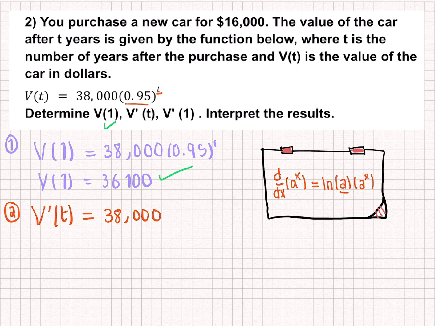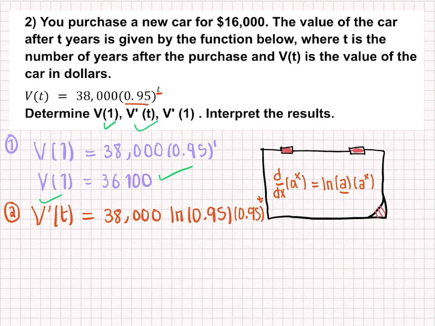Using this rule, the derivative of 0.95 to the power of t would be the natural log of a, which in this case is 0.95. So we'll write the natural log of 0.95 times 0.95 to the power of t. So this would be the derivative of v of t. Now we are done with step number 2.